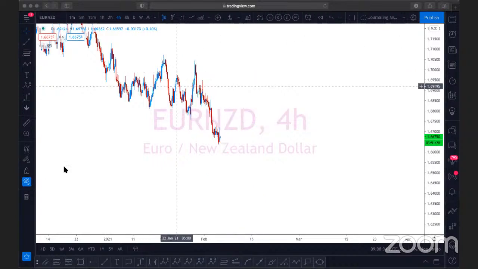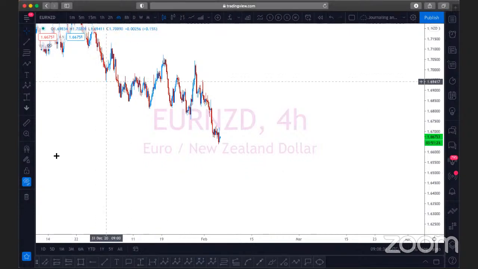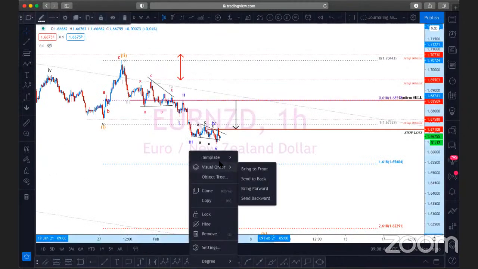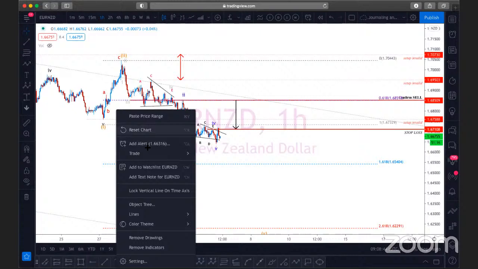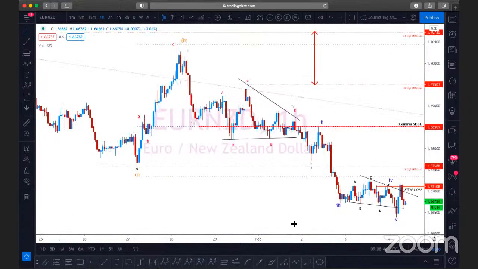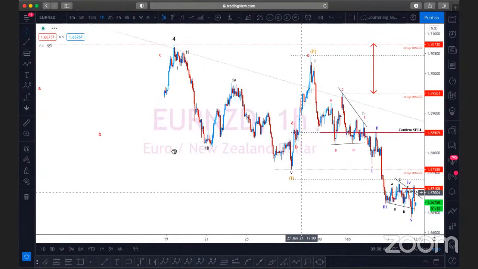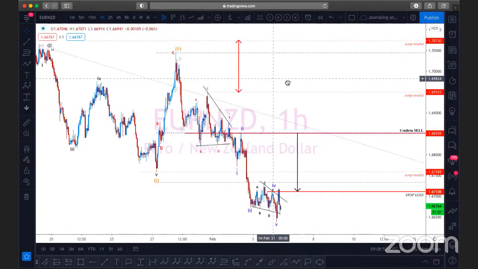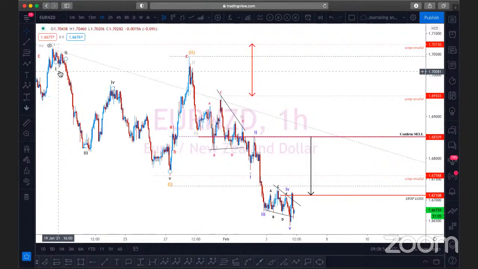So if we should apply back the joins that we did now on the chart and take it down now to the 1 hour time frame, you're able to see we are able to label an overall zone 1, 2, 3, 4, 5, giving a wave 1.